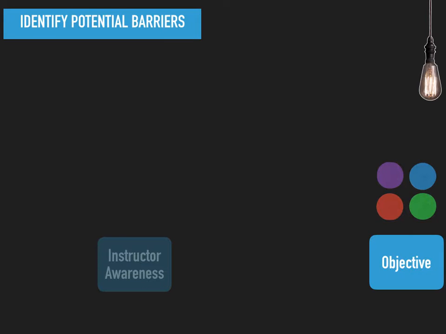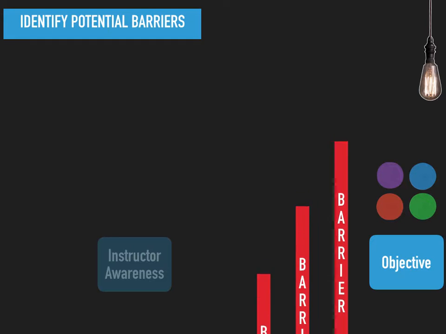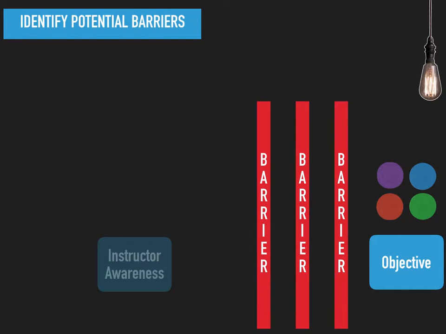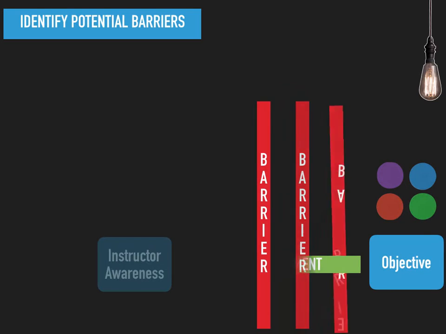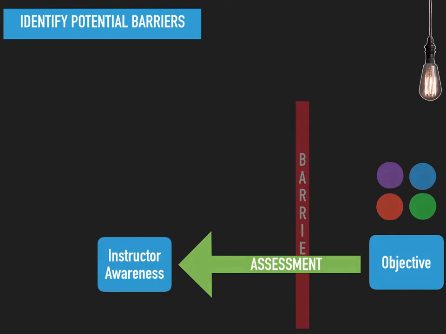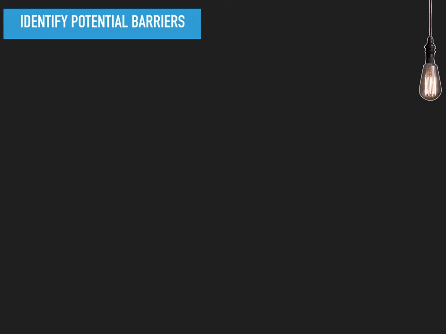Once students have achieved objectives, they need to communicate back to the instructors that they have in fact learned. We oftentimes ignore the barriers that are present in assessments, and so in UDL design, we think about those as well, and provide assessments that allow students to demonstrate their learning without those kinds of barriers in place.